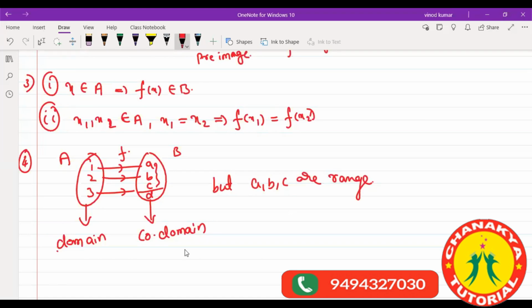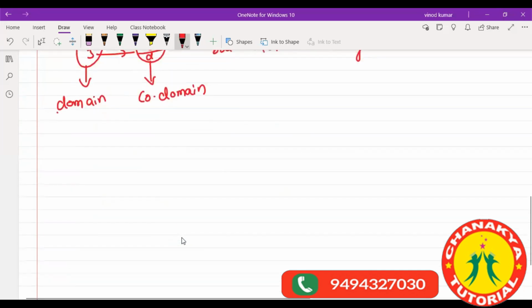In the codomain, not all elements are mapped with elements of set A. Some of the elements may not be mapped. The elements that are not mapped with A are nothing but codomain elements, but not range. Yes. Now, types of functions.